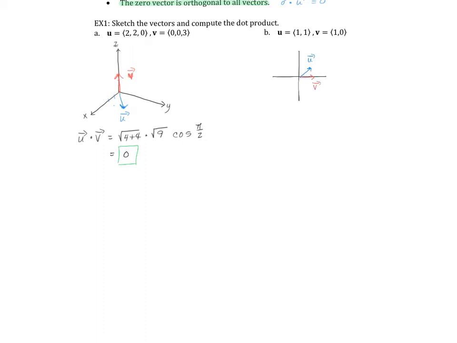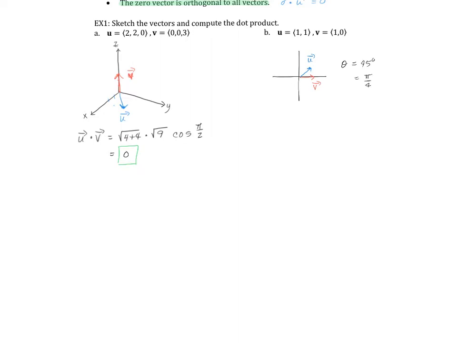And again, this is just a sketch. So when we compute theta, theta is the angle between u and v, and it's a 45-degree angle, which would be pi over 4.